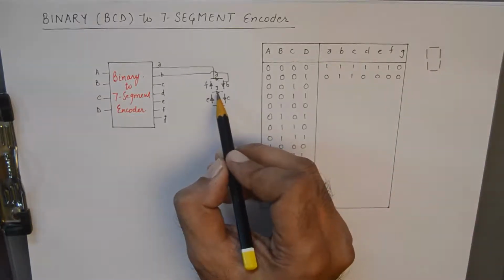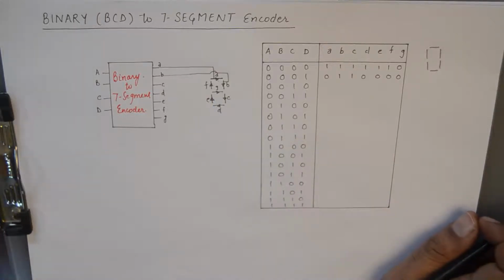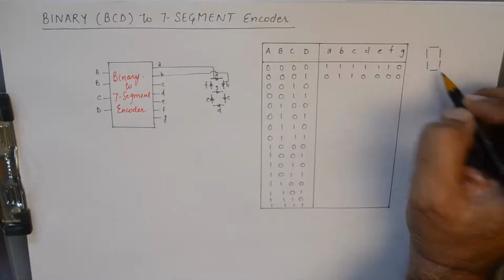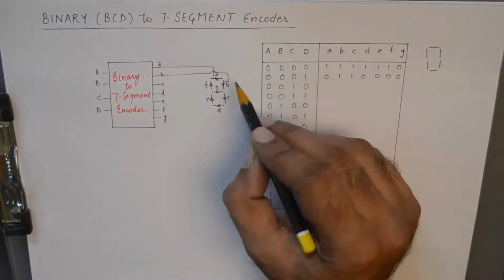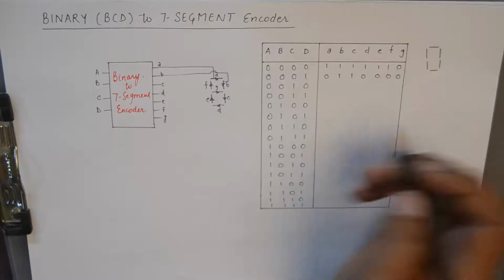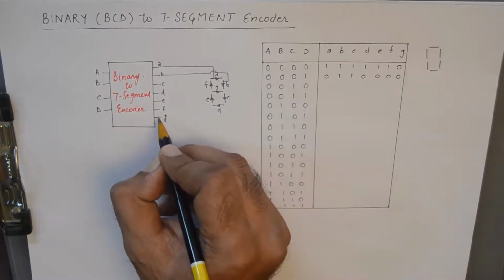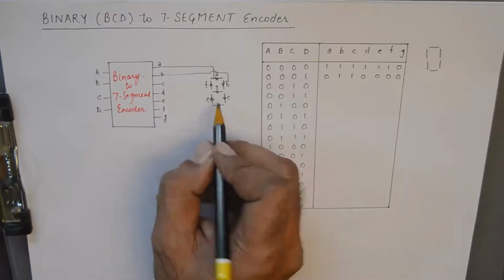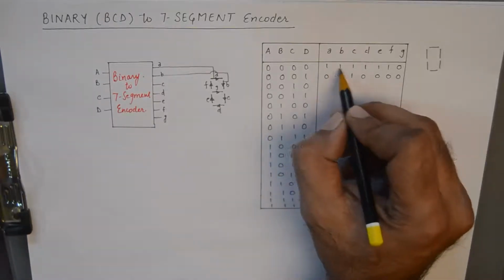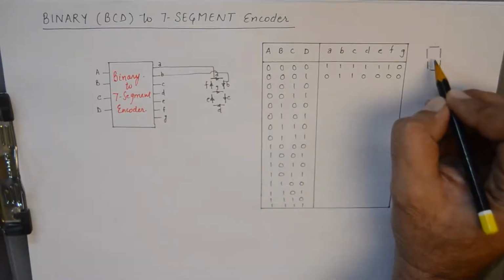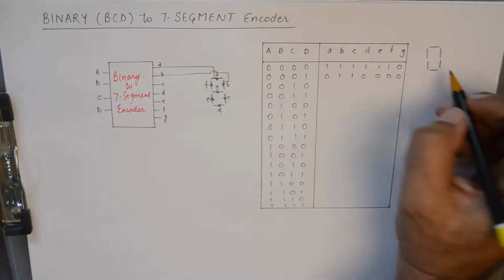If we keep the G LED off and light up all the other LEDs, then 0 is displayed. So we keep 0 at G. We do not want any signal going from this output to the array of LEDs, and we make all the other ones 1. So illuminating everybody else except G will give us a 0.